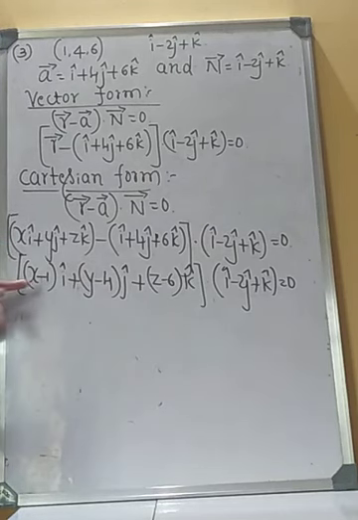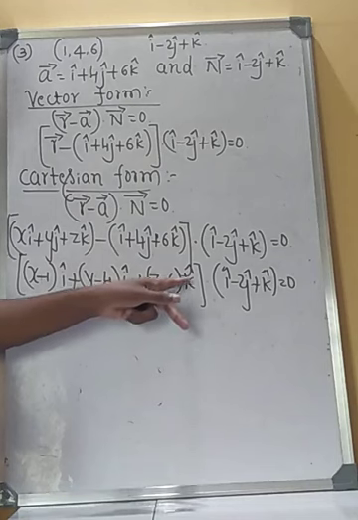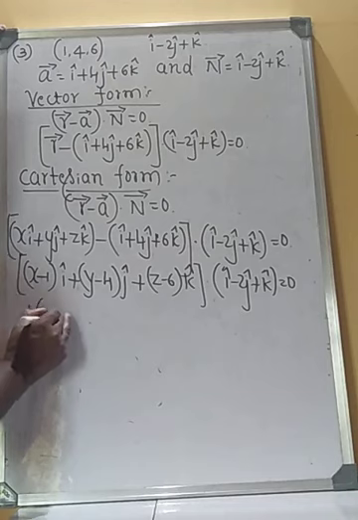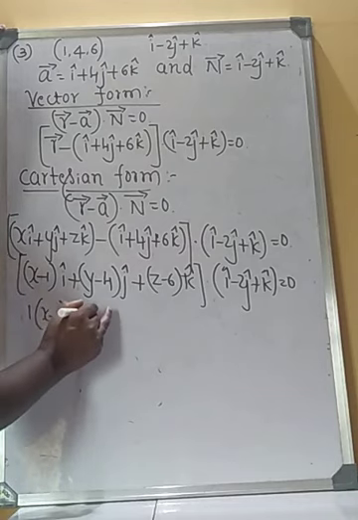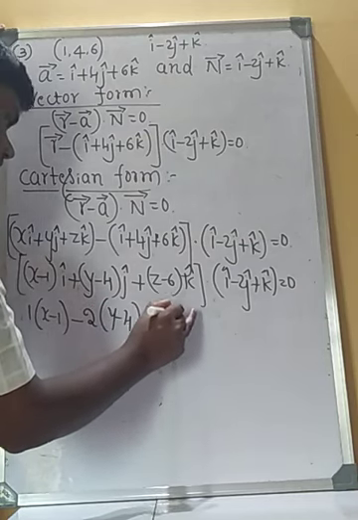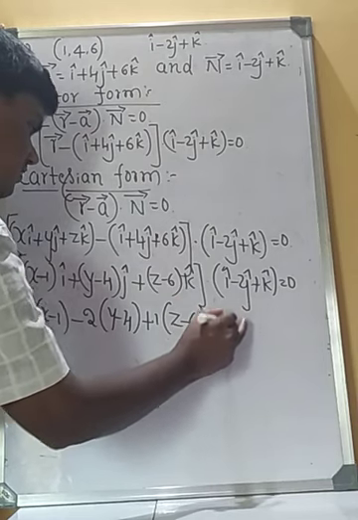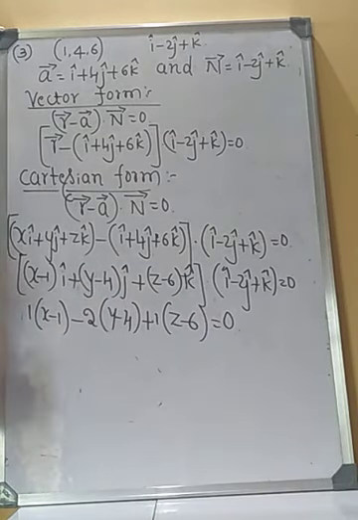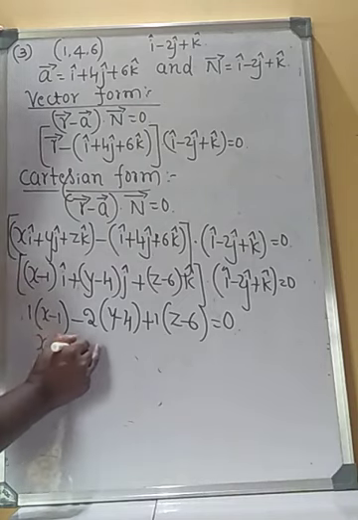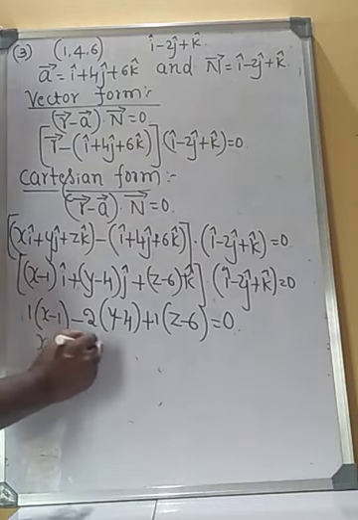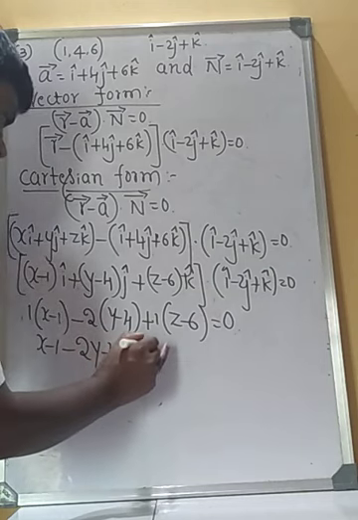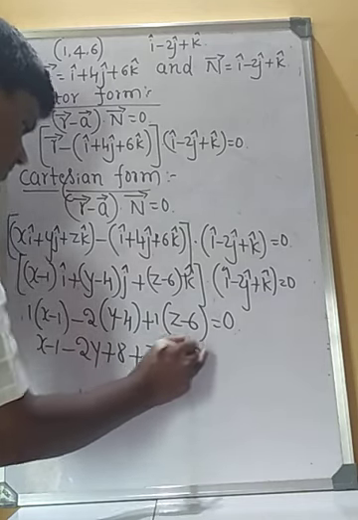So now equating the coefficients of i, j and k. Therefore 1 into (x minus 1) minus 2 into (y minus 4) plus 1 into (z minus 6) equal to 0. Therefore x minus 1, minus 2y plus 8, plus z minus 6.